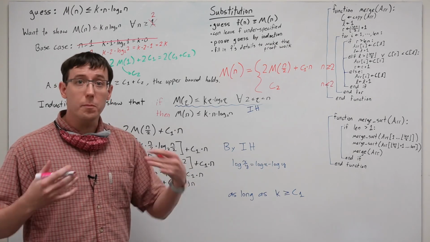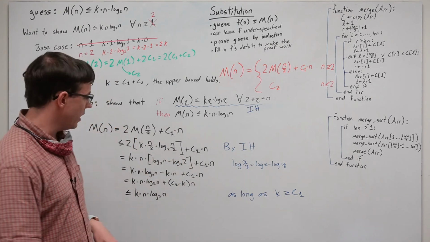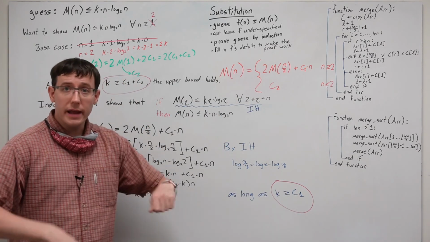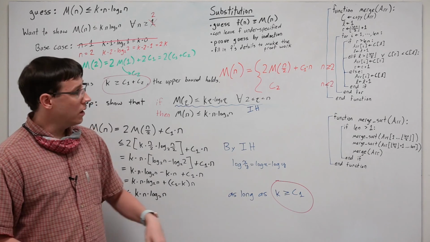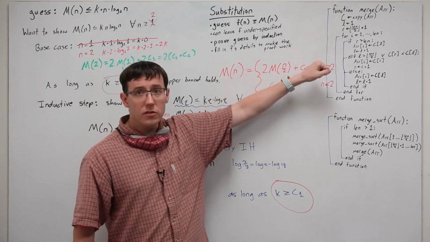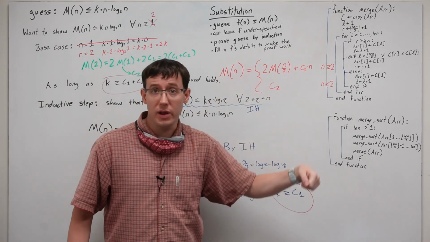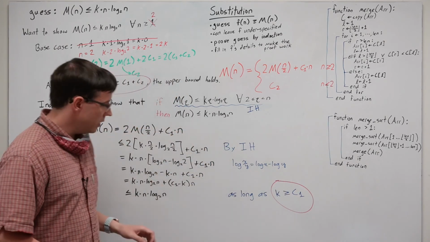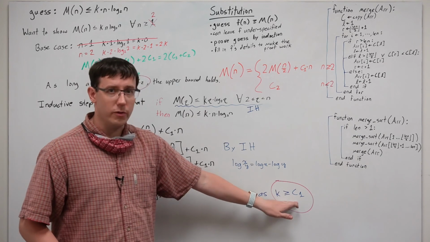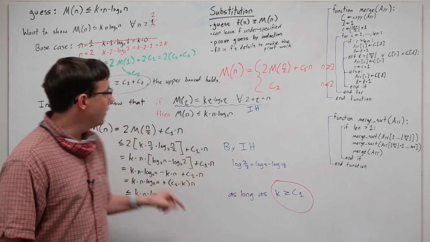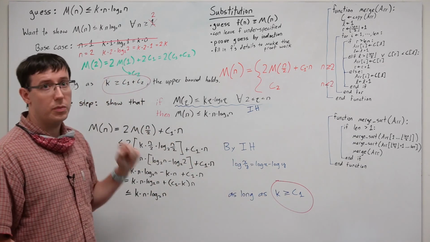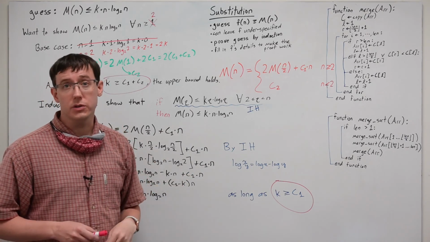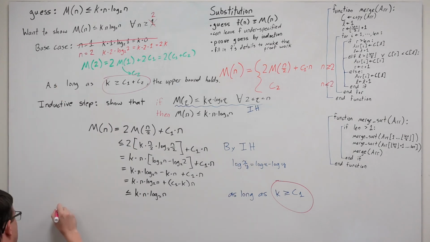Along the way, we imposed two different constraints on k. And since c1 and c2 were both describing some amount of computation, they are both positive numbers. So, to satisfy both the constraints that k is at least c1 and k is at least c1 plus c2, we can just choose k to be equal to c1 plus c2.